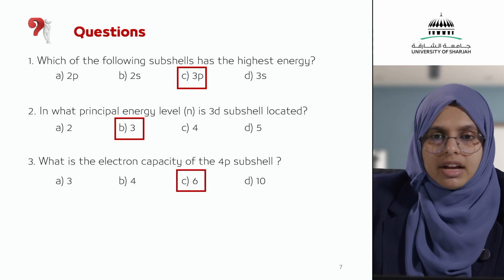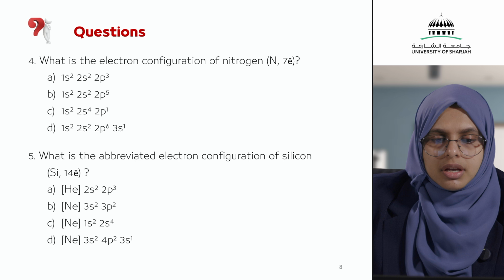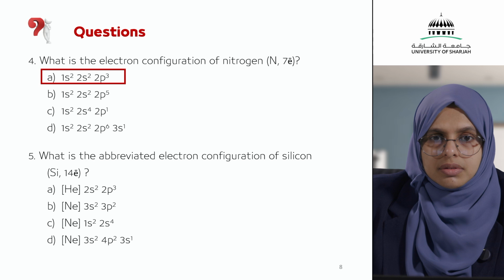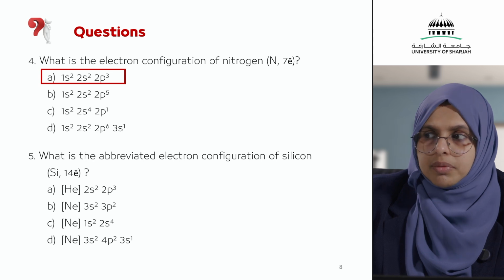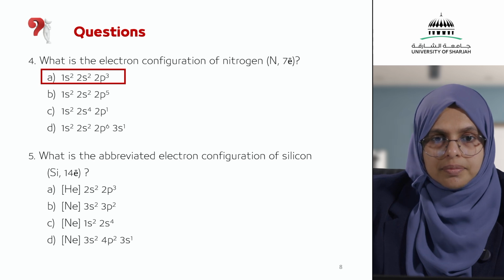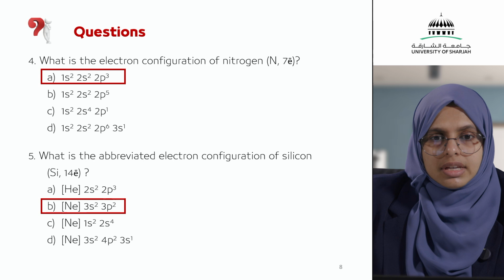The p subshell can accommodate 6 electrons. What is the electronic configuration of nitrogen with 7 electrons? It is 1s2, 2s2, 2p3. What is the abbreviated electronic configuration of silicon? It is neon 3s2, 3p2.